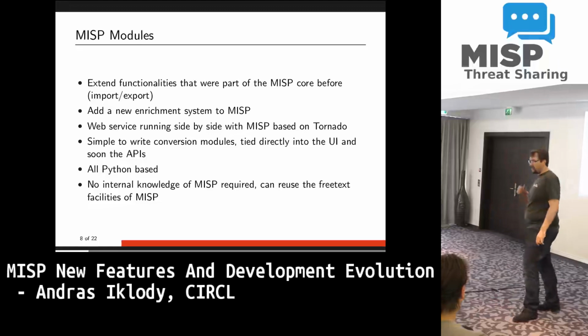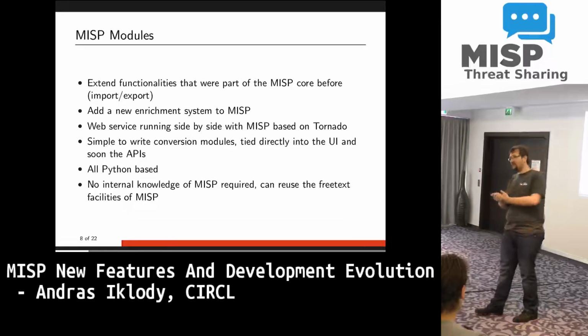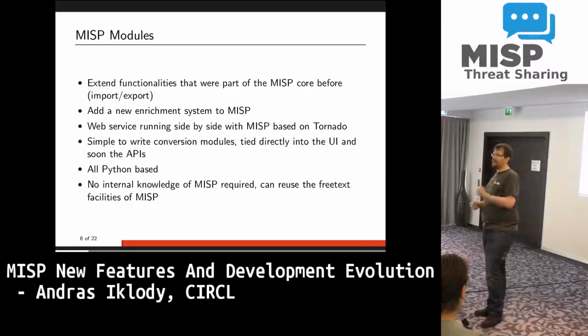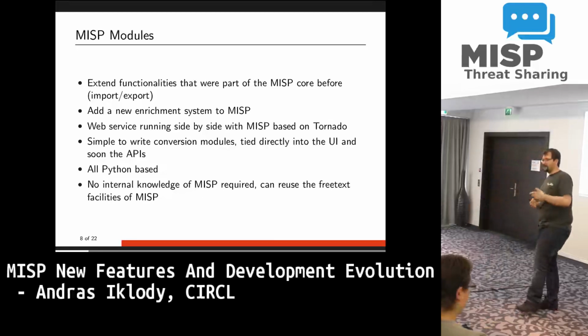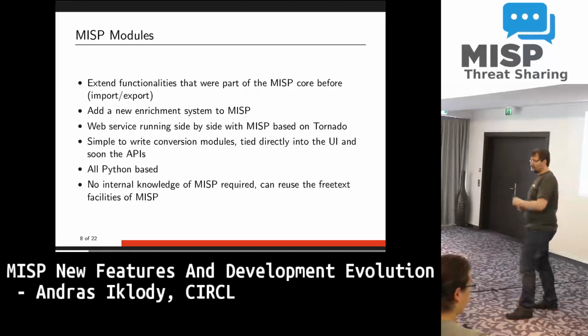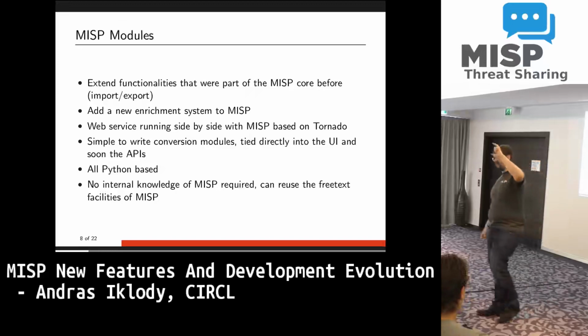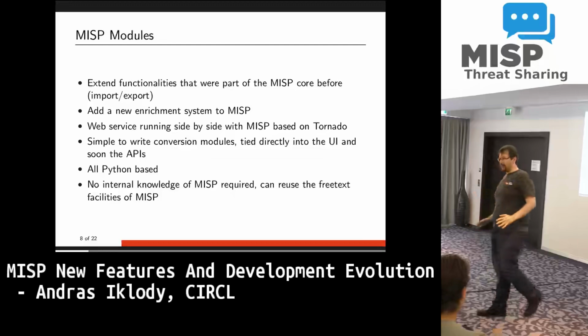The system is very simple in a way that you describe in the module what kind of attributes it should run against and when it should trigger. So if it should trigger on a hover or if it should only trigger if you want an expansion. It's basically a few settings at the top of the script. Then you have your small lookup script, and that's basically all you need to do.